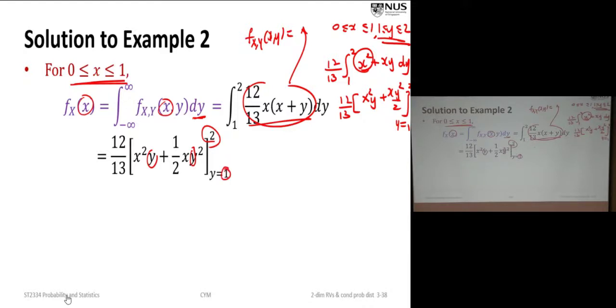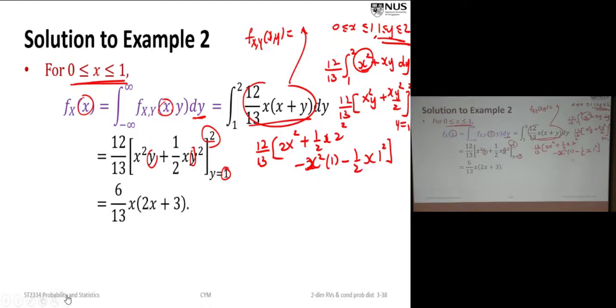In other words, 12/13, 2x squared plus half x times 2 squared, and then minus x squared times 1, and then minus half x times 1 squared. All right? So you complete the integration, it will be like this.